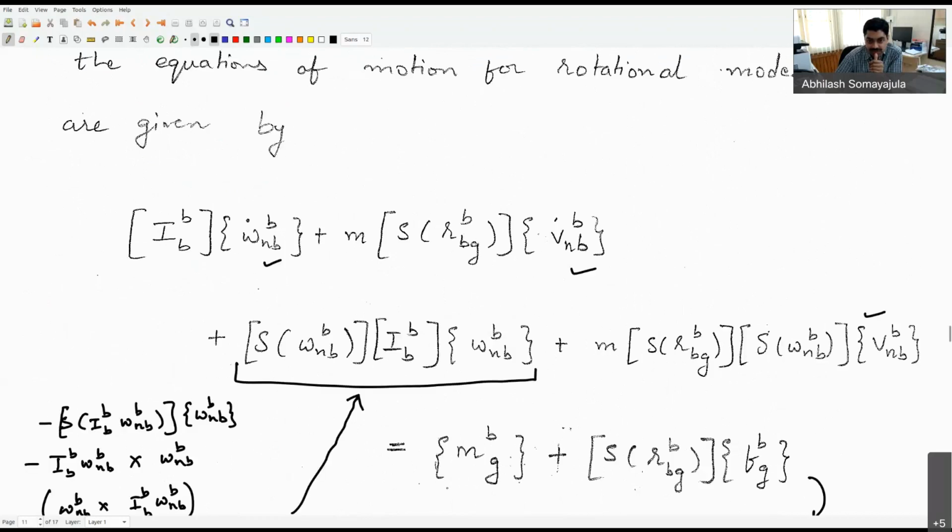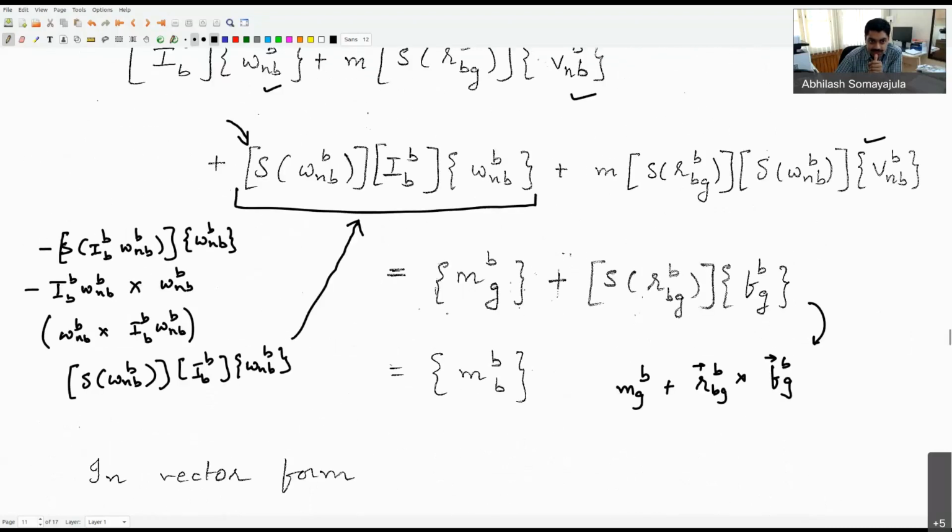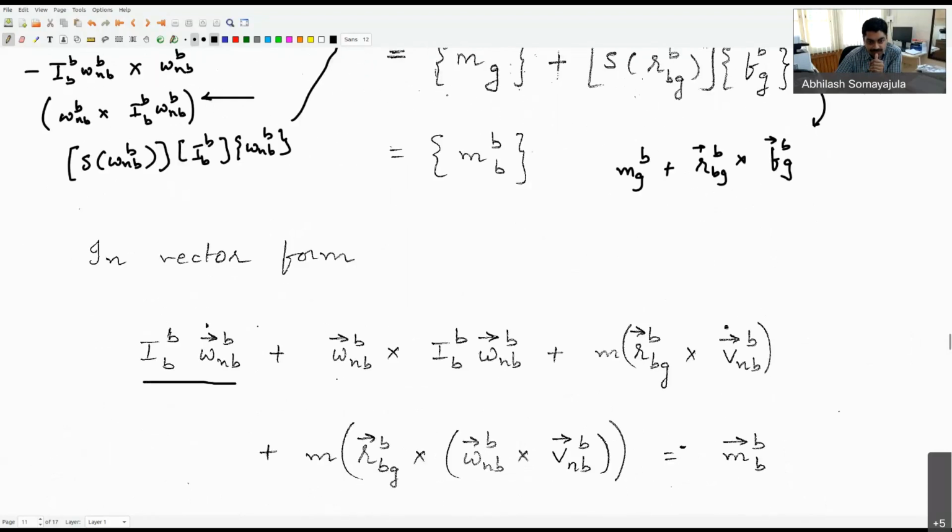This term will be, I'll first consider this fellow: omega nB cross IB times omega nB, which is what we saw here, no? Okay, second term done.